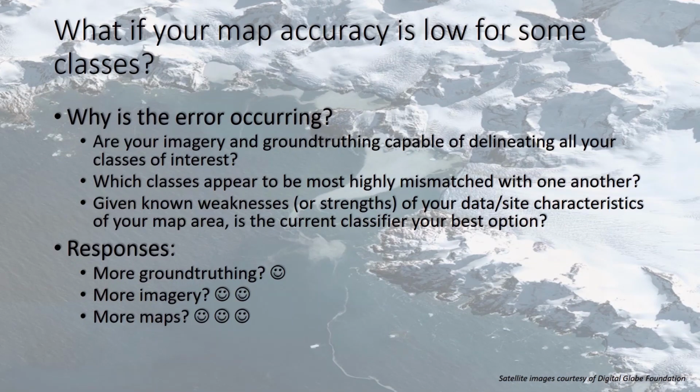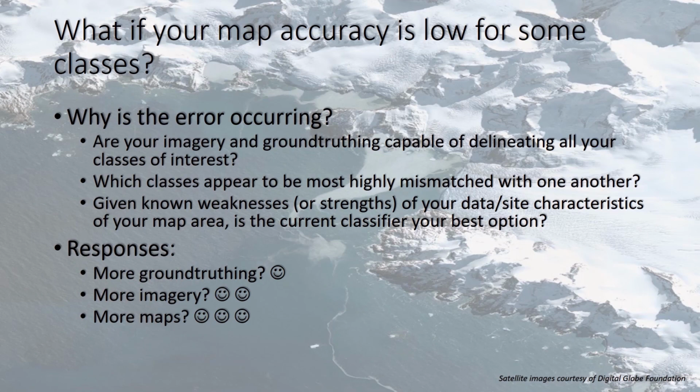Let's say that you're having a lot of trouble where certain classes were being misclassified. At this point, you're going to have to step back and think about some of the sources that might be leading to the misclassification.